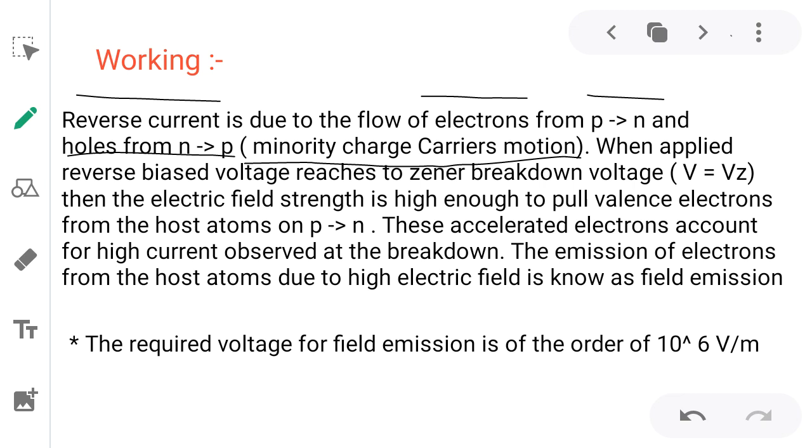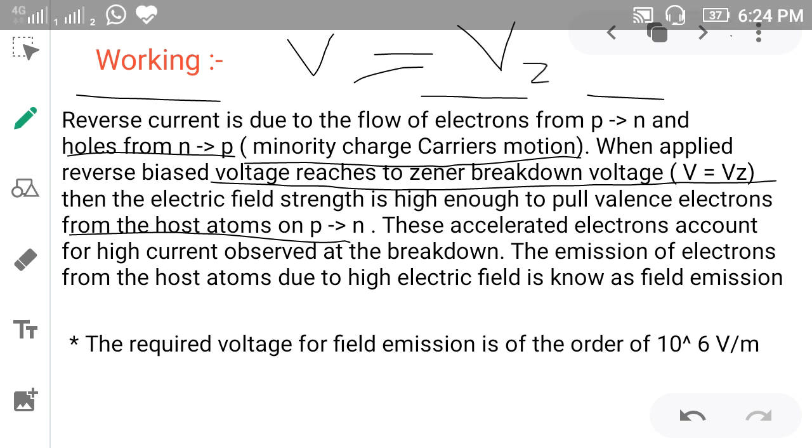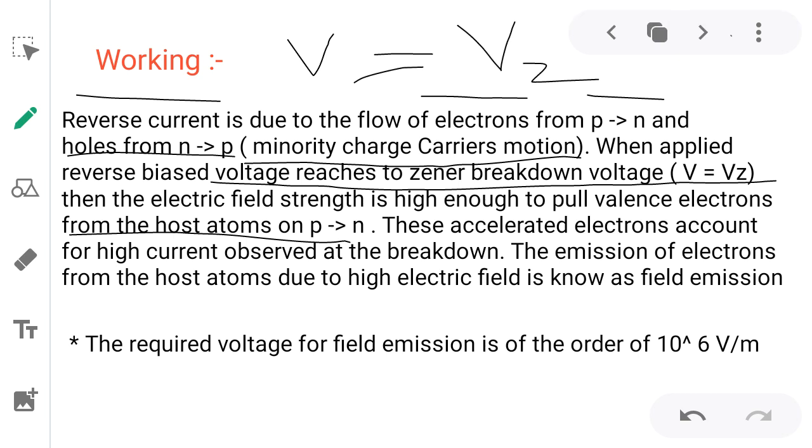Next point, when the applied reverse bias voltage reaches the breakdown voltage, then the electric field strength is high enough to pull a valence electron from the host atom from P to N. When this voltage becomes equal to the Zener voltage, what happens?